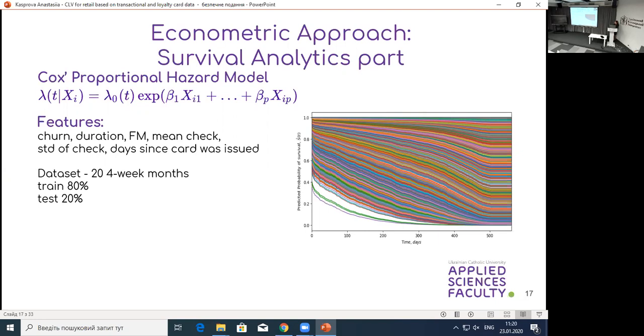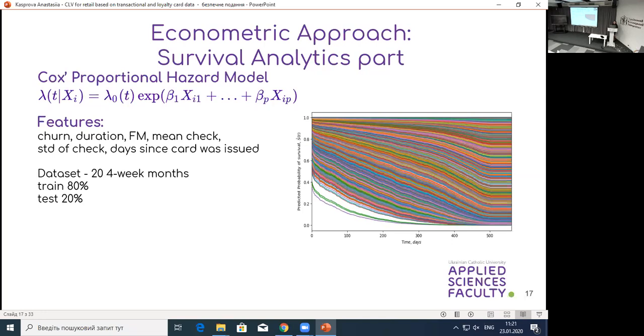To run this regression, I prepared a data set based on the following features: churn, duration, frequency and monetary value, mean check, standard deviation of check, days since the card was issued. The data set for modeling was based on the first 20 months, and it was split into train and test with a proportion of 80 to 20.